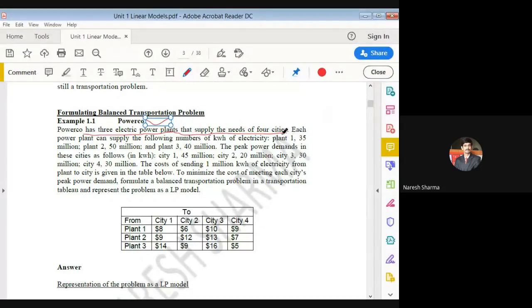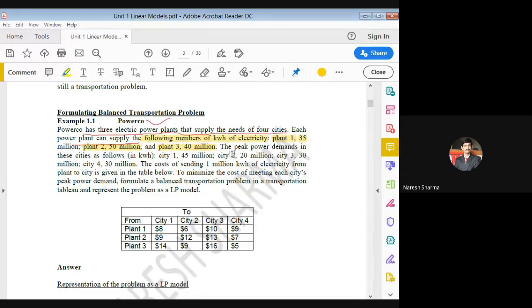As the statement says, each power plant can supply the following number of kilowatts of electricity. Plant 1 supplies 35 million, plant 2 supplies 50 million, and plant 3 supplies 40 million of electricity.